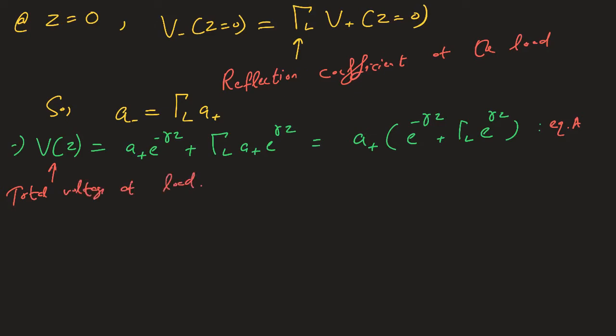It's a superposition. For the load we'll have to plug in z is equal to 0. Now the corresponding current can be found using the telegrapher's equation.